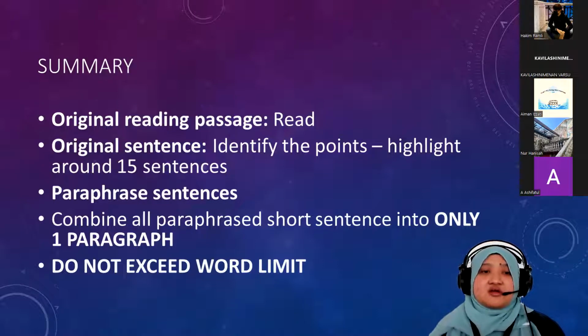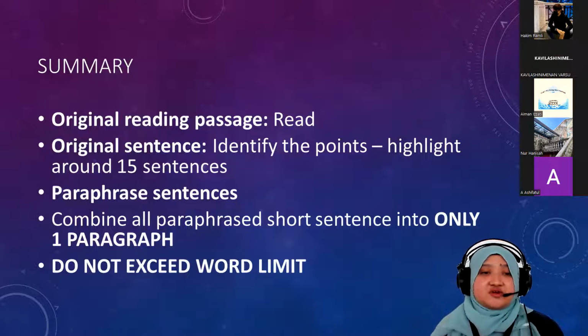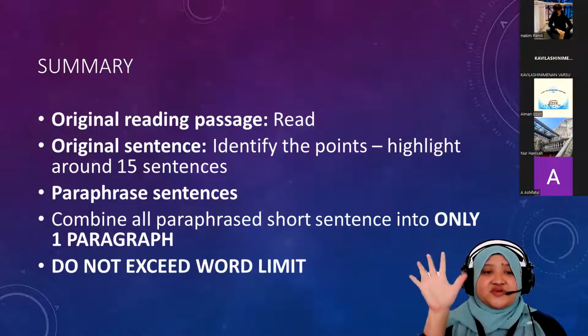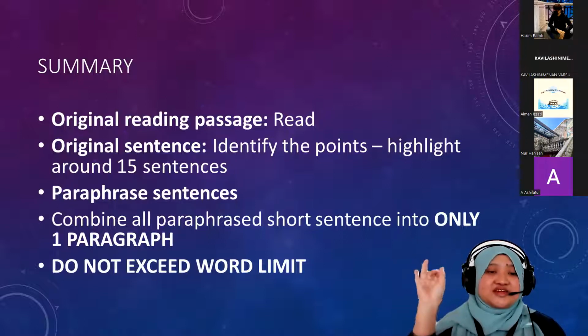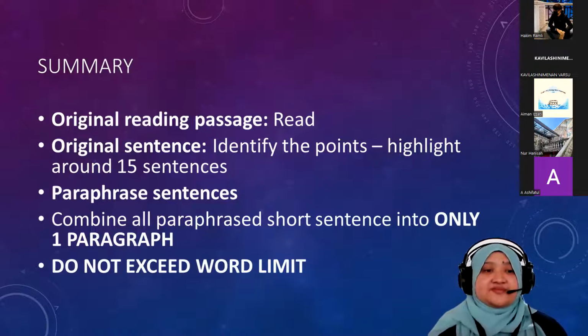If you write more than one paragraph, there will be score reduction. The format for a summary is just one paragraph and the scoring is 5. So if you accidentally write 2 paragraphs, minus 1. You write it in 3 paragraphs, minus 2, minus 3, minus 4. So 1 paragraph only.